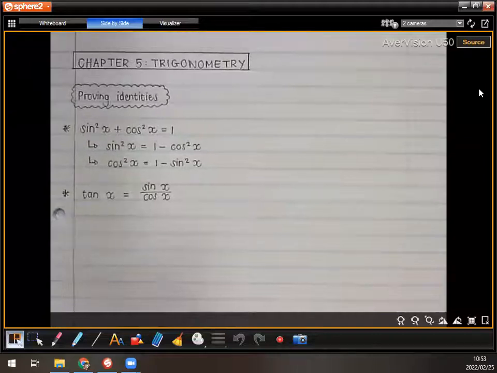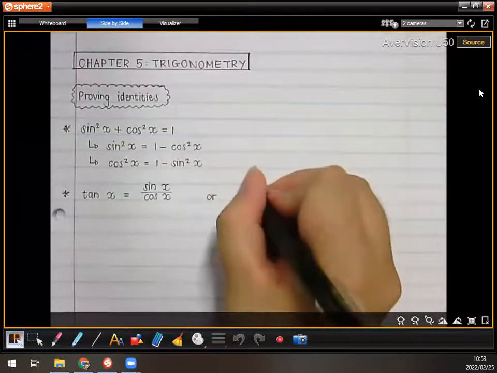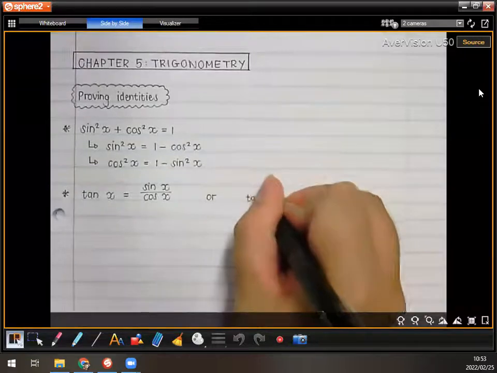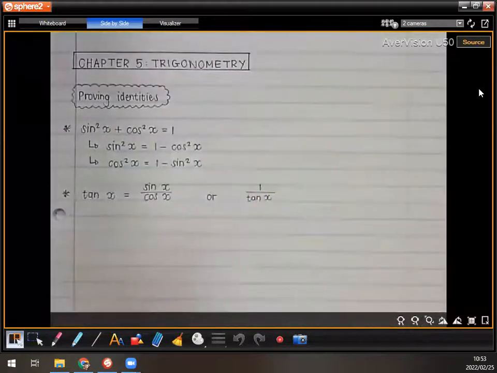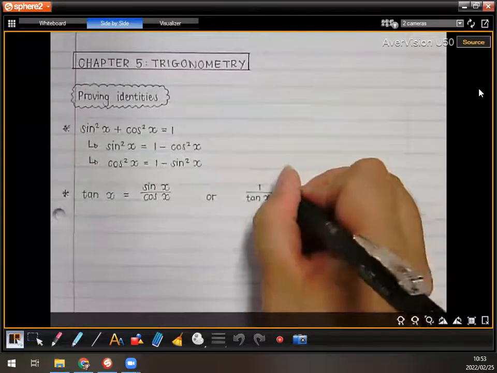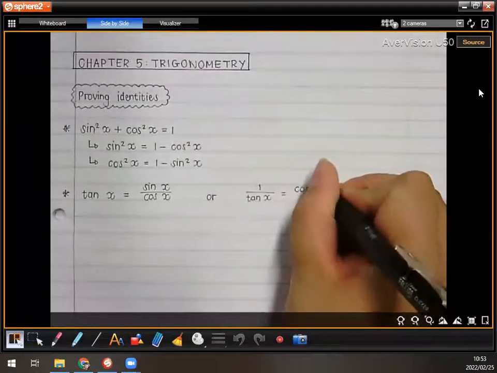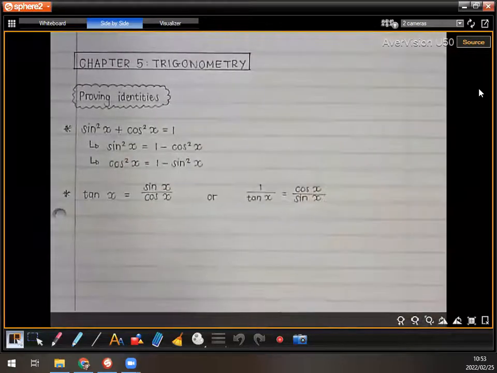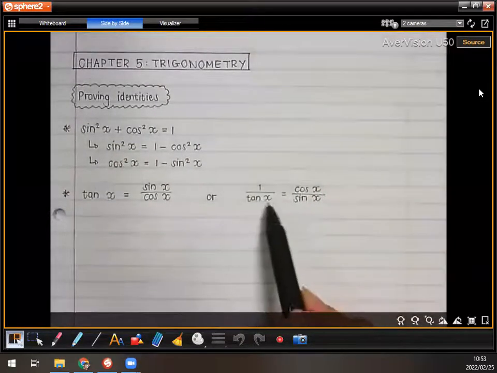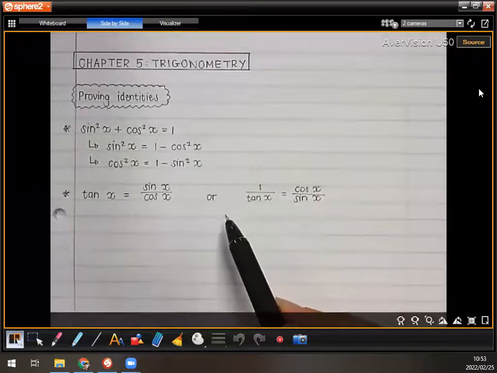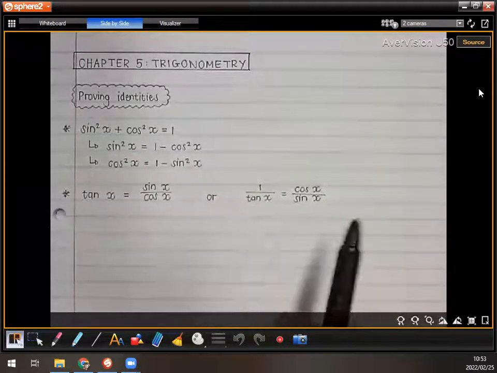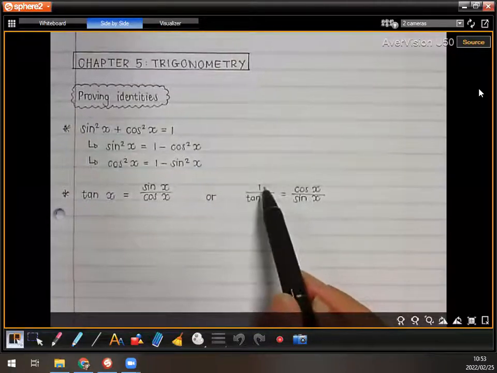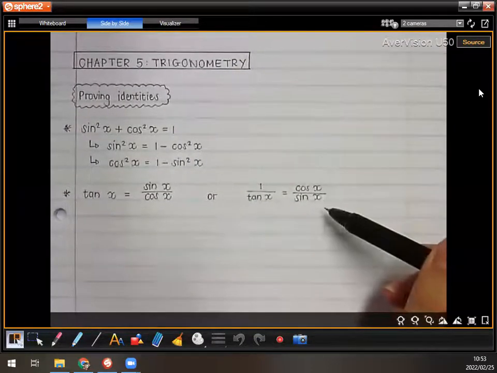And then if you want to swap it around, you can take the reciprocal as well. 1 over tan x is the reciprocal of tan over 1, so we do the same on the other side. 1 over tan x will be equal to cos x over sine x. So that is useful. Instead of changing the tan x at the bottom to sine over cos and then having to do a different times thing, you can actually just replace a 1 over tan with cos over sine straight away.